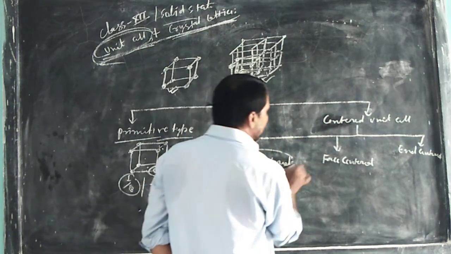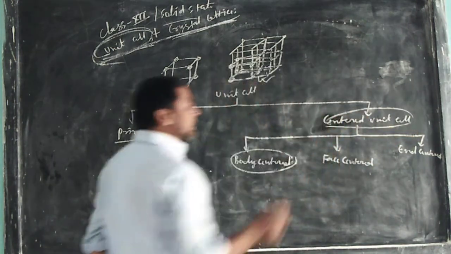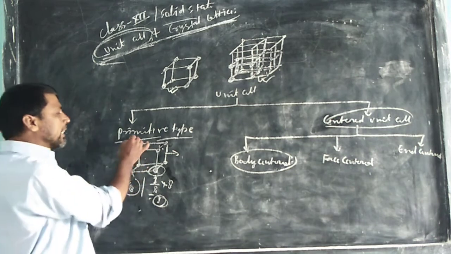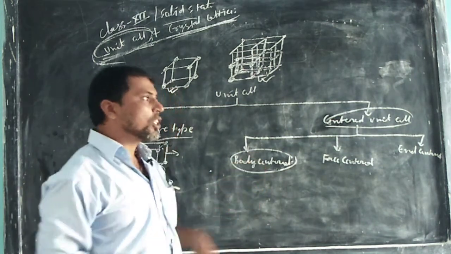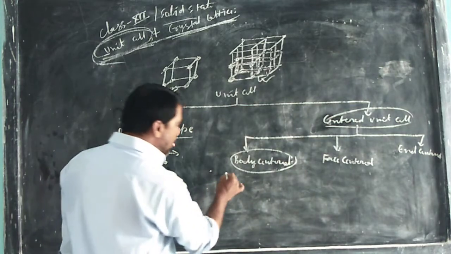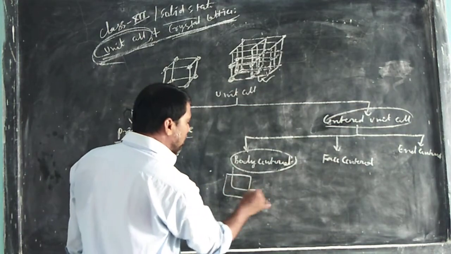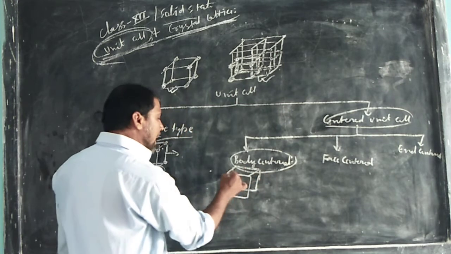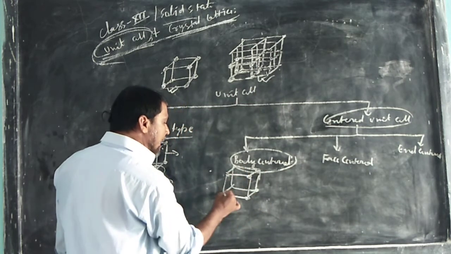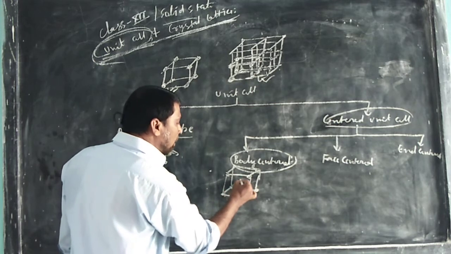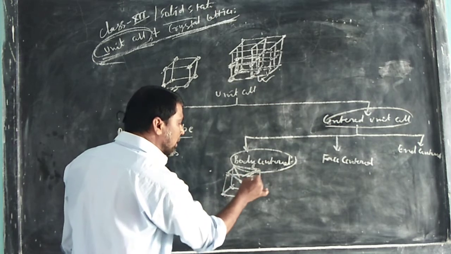Now, we discuss the centered unit cells. In centered unit cell, constituent particles are located at each corner of the unit cell as well as other positions of the unit cell also. For example, in body centered, constituent particles are located at each corner of the unit cell, as well as the center of the whole unit cell.